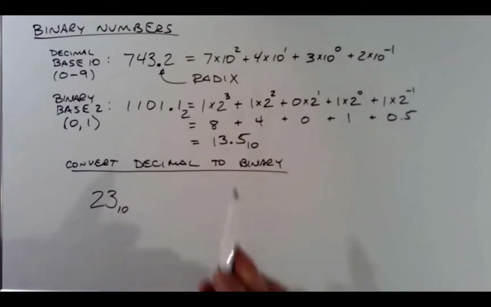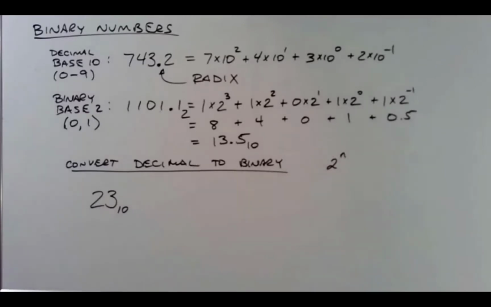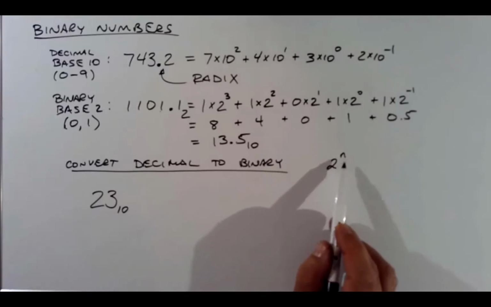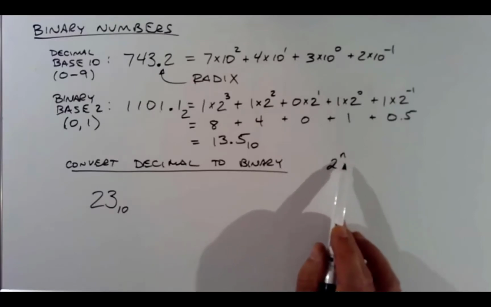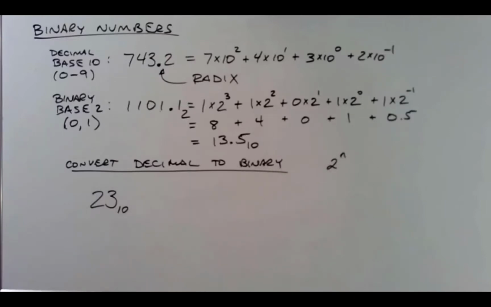So you have 2 to the power of n, where n is an integer, and then you add up those values for different n's. You have to figure out what values of 2 to the n, negative and positive integers, sum up to the decimal value you want.